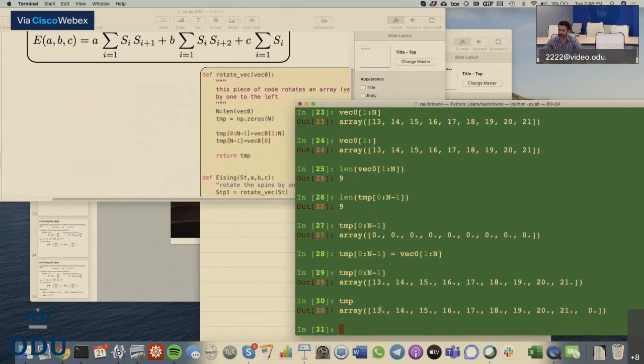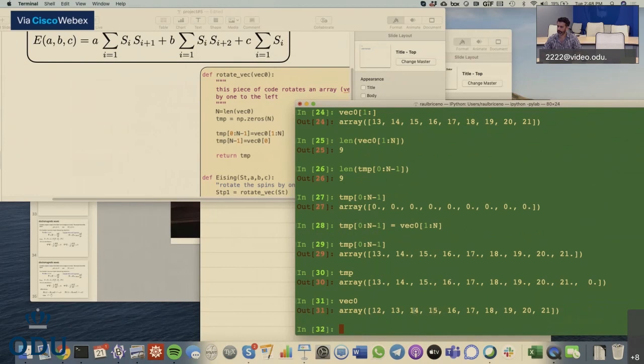And you see, I've replaced almost all the zeros, except the last one, which is still a 0. And so what I've done is I've grabbed vec0, I've grabbed this information over here, and I've moved it over by 1 to this over here, okay?